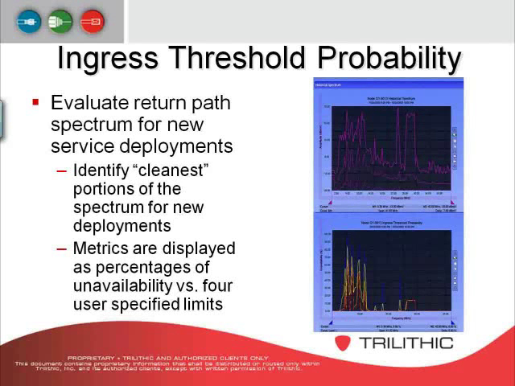And then the metrics are displayed as percentages of unavailability versus 4 user-specified limits. So it lets you know, based off of the limits that you set up, what percentage of time was it violating that particular limit.